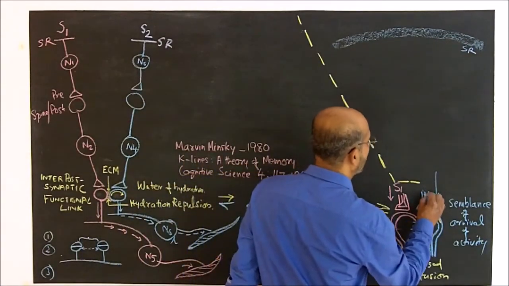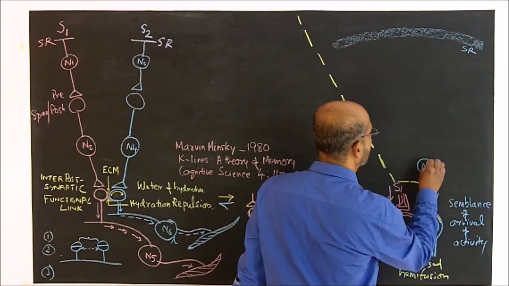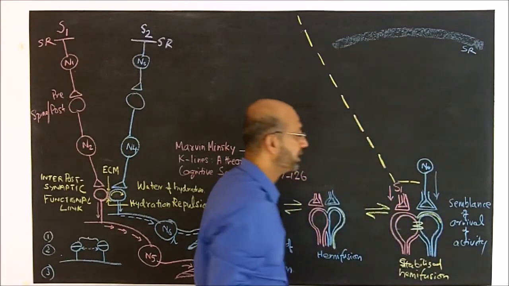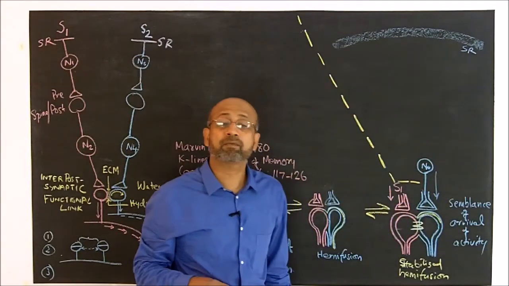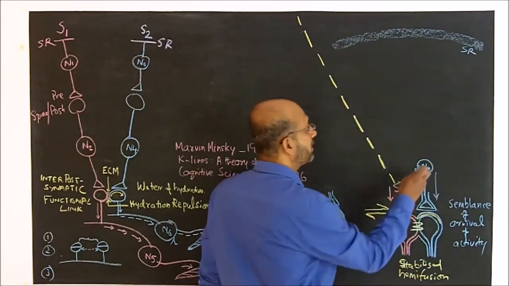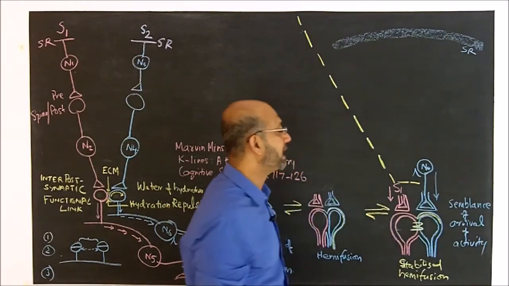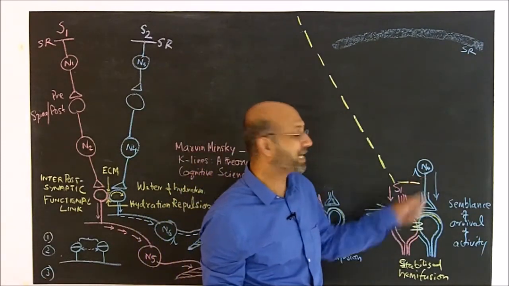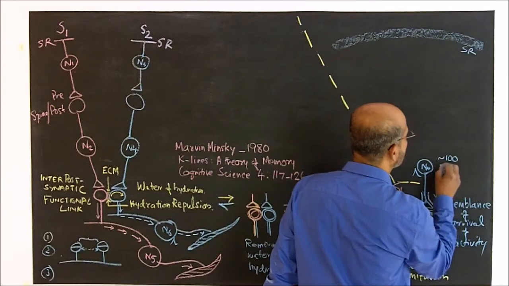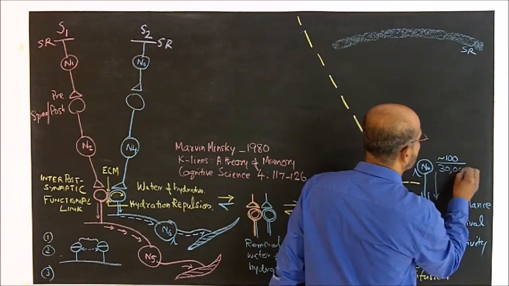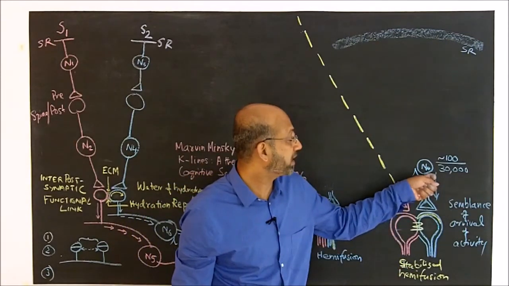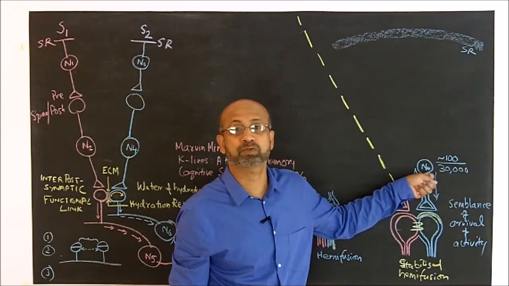So this presynaptic terminal belongs to a neuron here. Let's call it N4. We have learned from the previous presentations that a neuron N4 can be activated, or a spike can be induced at the axonal hillock, or it can undergo action potential by activation of any 100 inputs out of around 30,000 inputs that it can have. So we already discussed that neuronal firing is not specific with respect to the inputs.